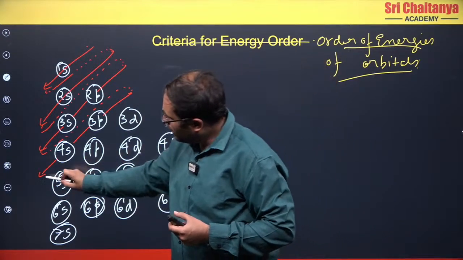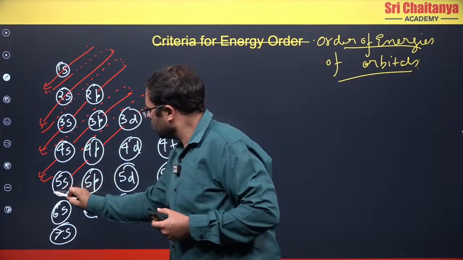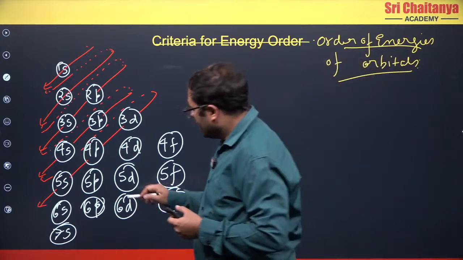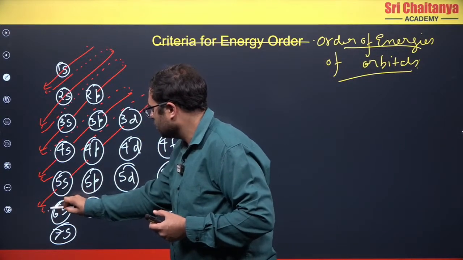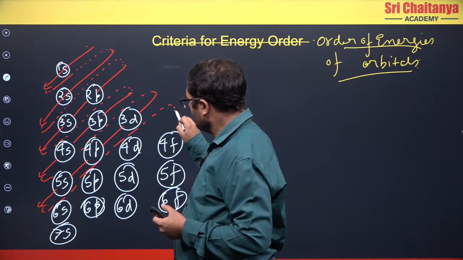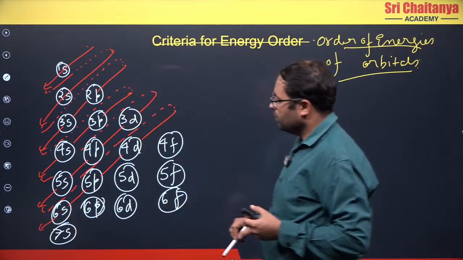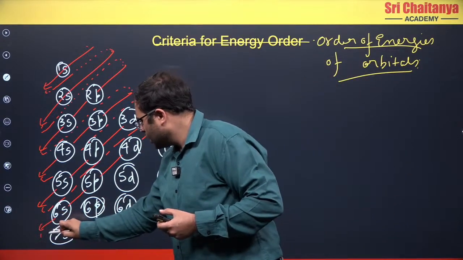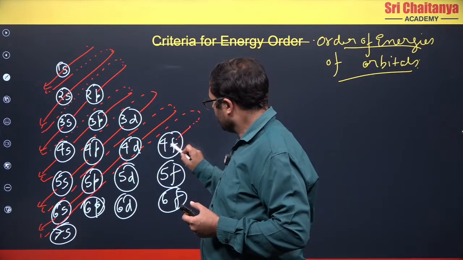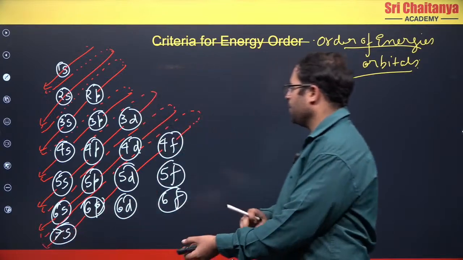Then again go backwards. Draw the arrow through 3d, 4p, 5s. Then go backwards, draw a straight arrow through this, and then you can keep on following this through this, and finally this.